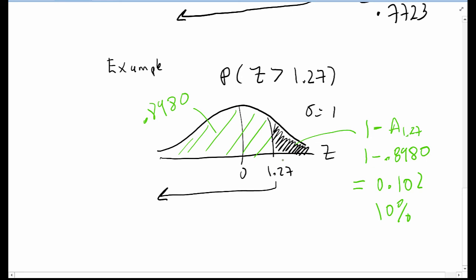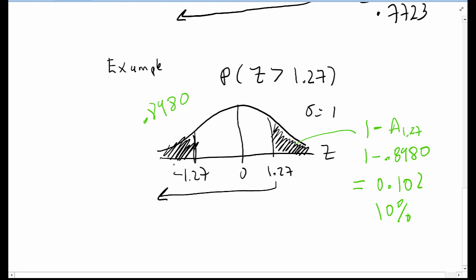Another way that you can do this problem is by using the symmetry. And the symmetry will be this. Because this normal distribution is symmetric, the percentage of values that are below negative 1.27 has to be equal to the percentage of values that are above 1.27.